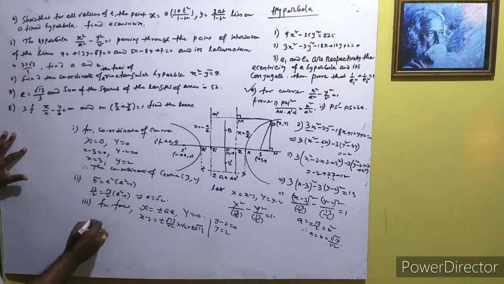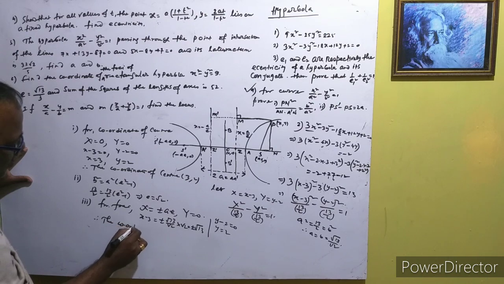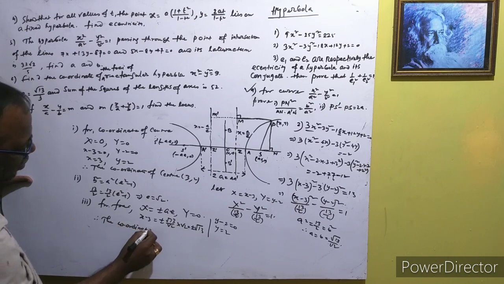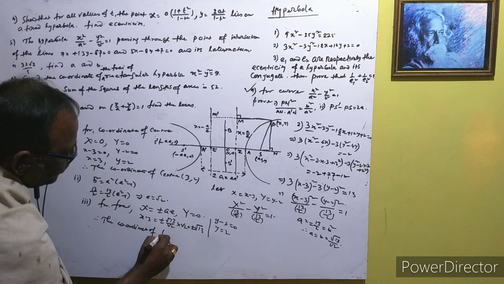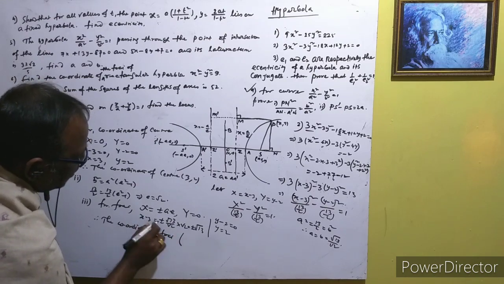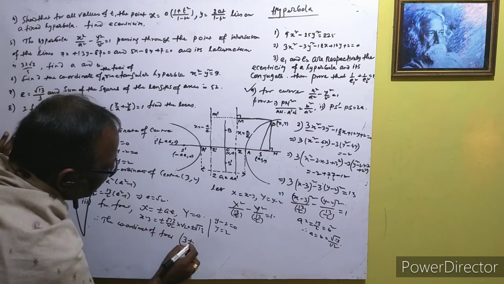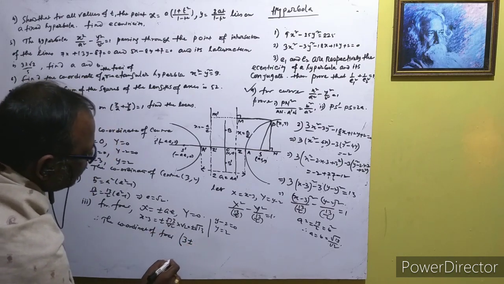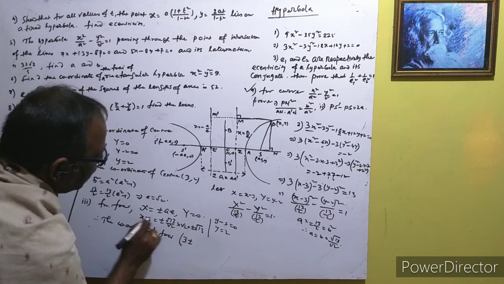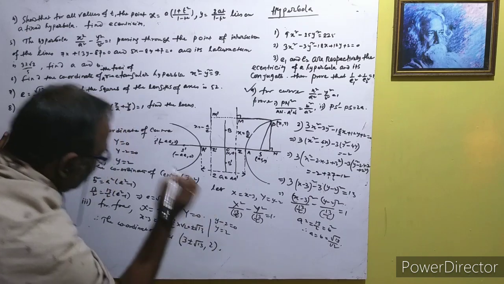So for foci, therefore the coordinates of foci are 3 plus minus root 13 comma 2, as root 2 are cancelled.